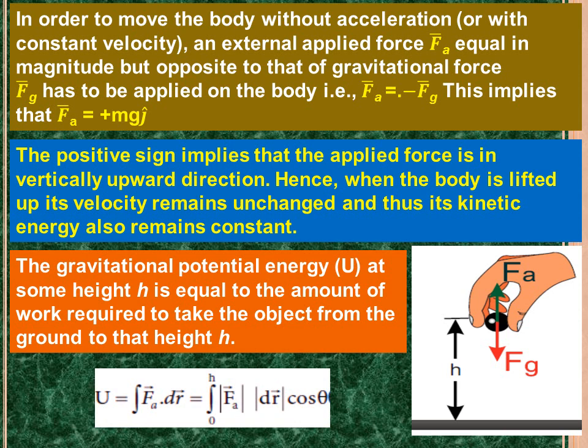So we get U is equal to the integral of Fa dot dr, which is the integral from 0 to h. That means we are taking the height from the 0 ground position to a certain height h. Fa vector modulus into dr vector modulus into cos theta.